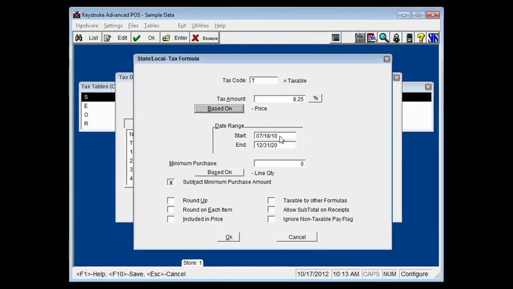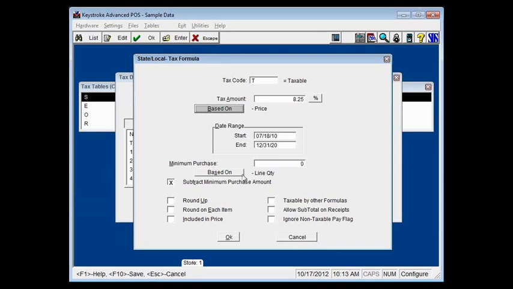Then you have your date range, and for sales tax purposes, your starting date always begins at 0 a.m., or just a second after midnight the previous night. Your ending date always ends at midnight. Then you can have minimum purchase. This is where, for example, you might pay a different sales tax on high-priced items, or if there's a sales tax holiday.